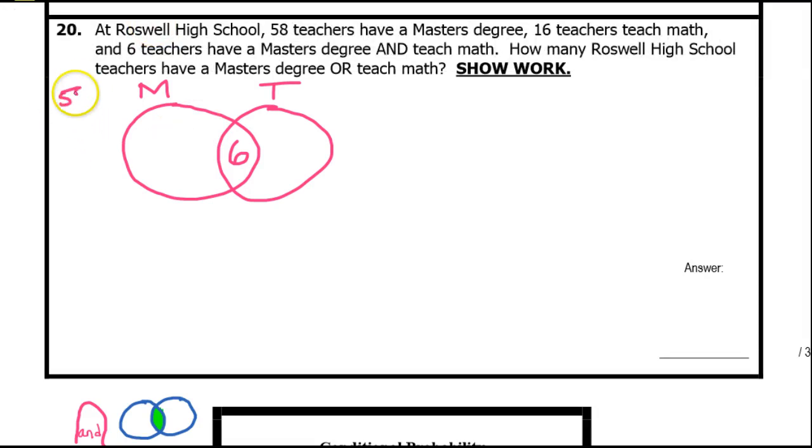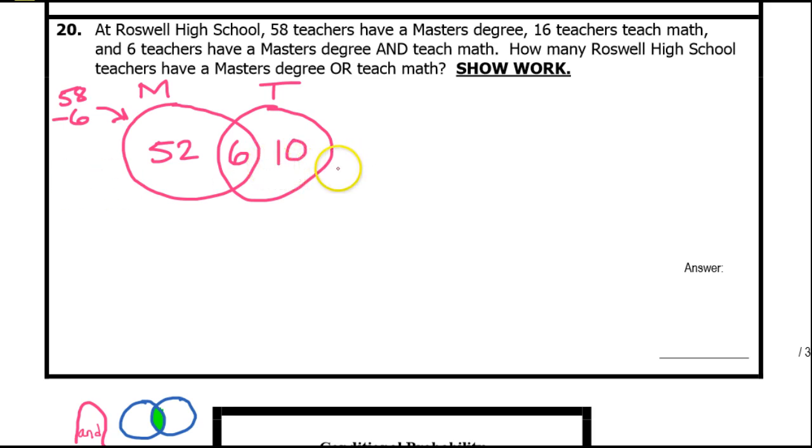So I have to do 58 minus 6, and that tells me that there will be 52 teachers in this part of the Venn diagram, for a total of 58. Since there are 16 teachers who teach math, but we already have 6 of those recorded in the overlapping section, that means there are 10 remaining teachers in this part of the Venn diagram.